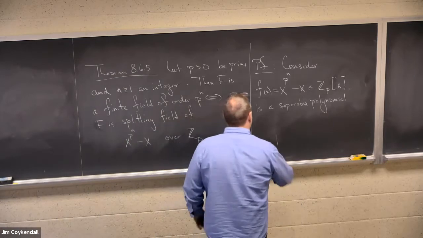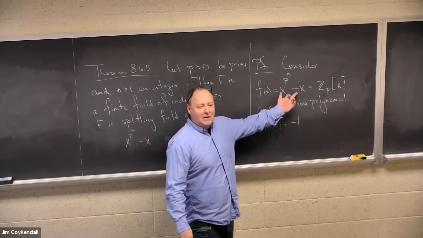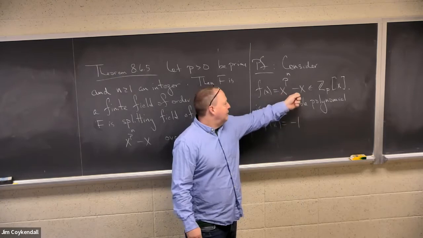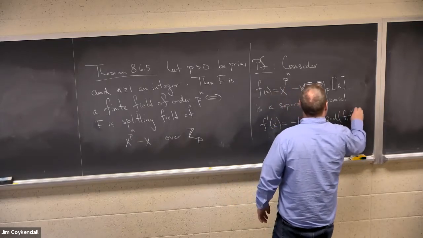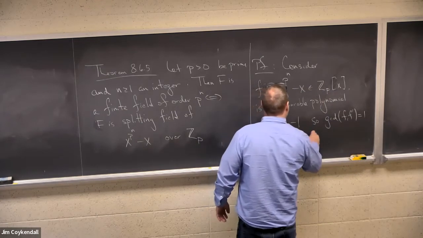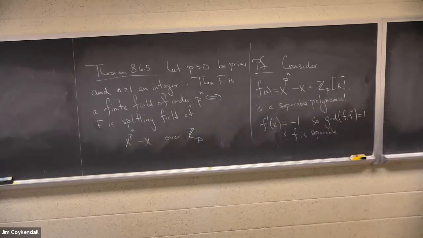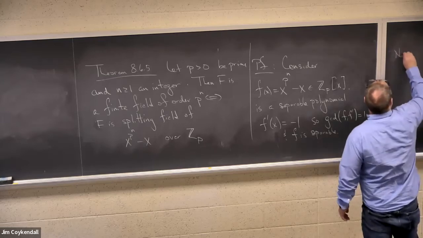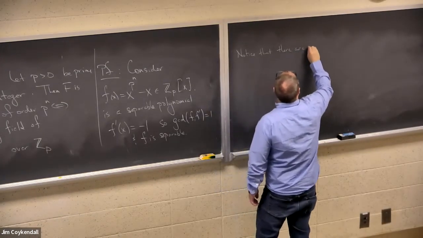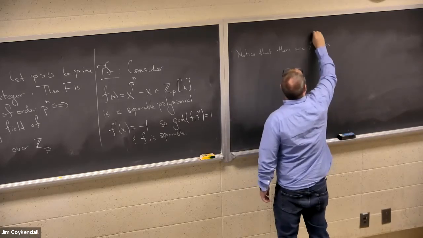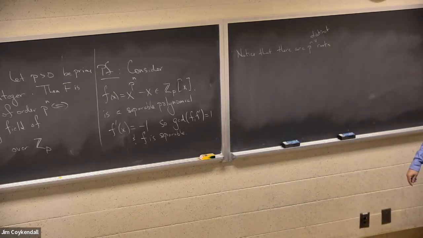But not here, because, I love this, the derivative of this is -1, right? Because the p to the n kills that first term, you get -1. So the GCD of f and f prime is 1 and f is separable. Notice that there are p to the n roots, and of course they are distinct, by the fact that it's separable.